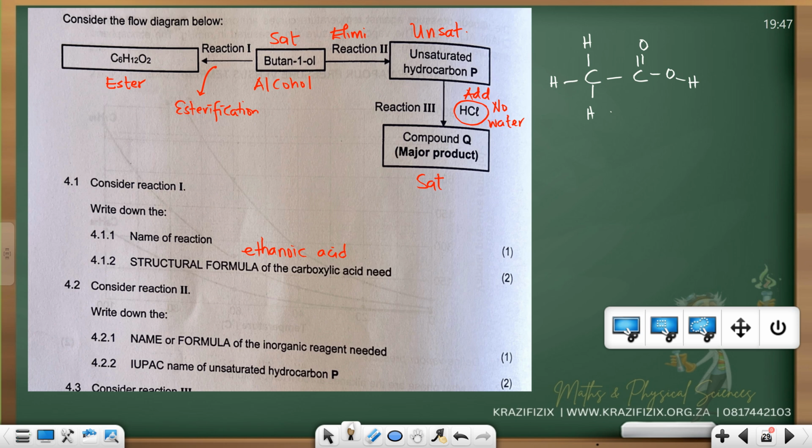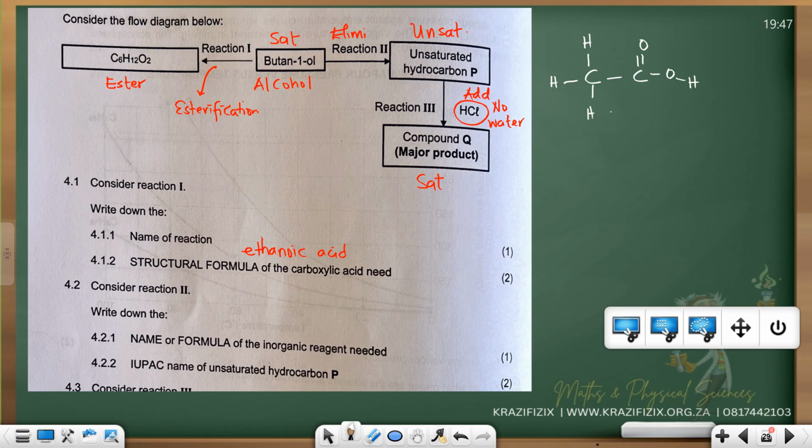Consider reaction 2. Name or formula of the inorganic reactant needed. Look at this. It's an alcohol. We are eliminating. Do you know your answer? What do you need? From saturated, strong acid or base, but let's stick to the base.